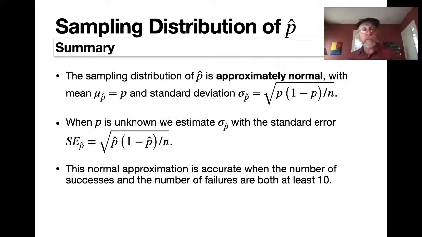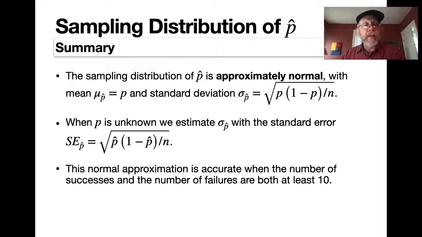So in summary, the story for the sampling distribution of our point estimate p hat is this: it's approximately normal, it has a mean that is the true population proportion p, and it has a standard deviation that's given by this formula here that we saw earlier. Since p is unknown, we usually have to estimate the standard deviation using the standard error.